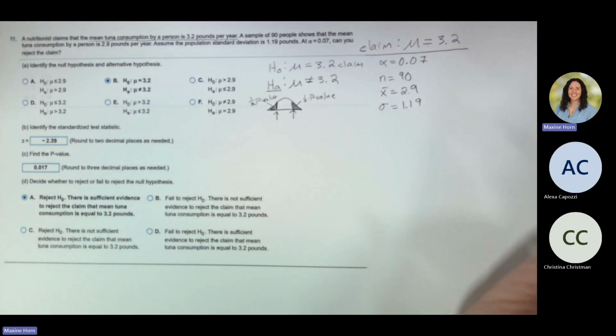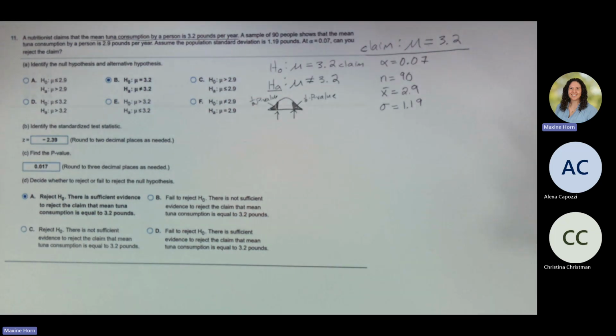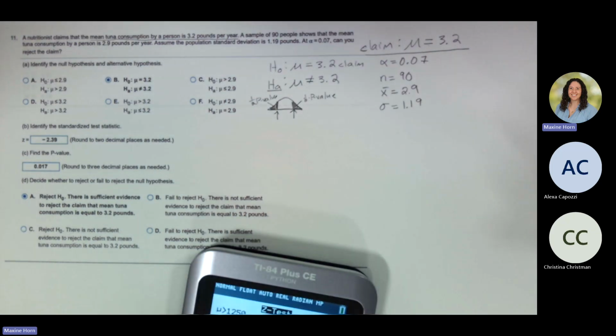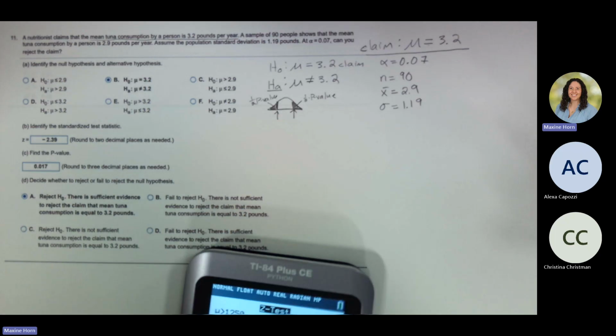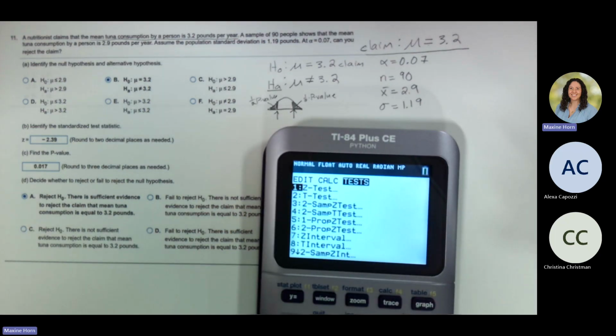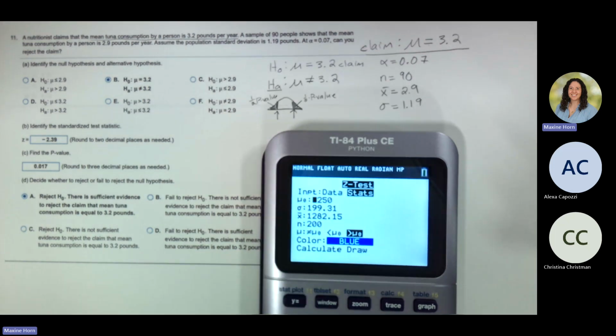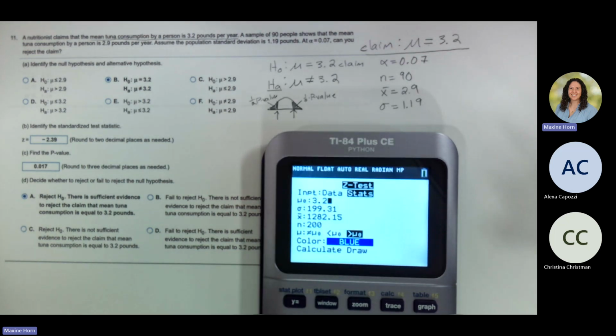Since they did give us a population standard deviation, we are going to be using that same test that we've been doing. We're going to go stat, tests, number 1 z-test. And we're going to plug in what we have. The number associated with our null hypothesis is 3.2.